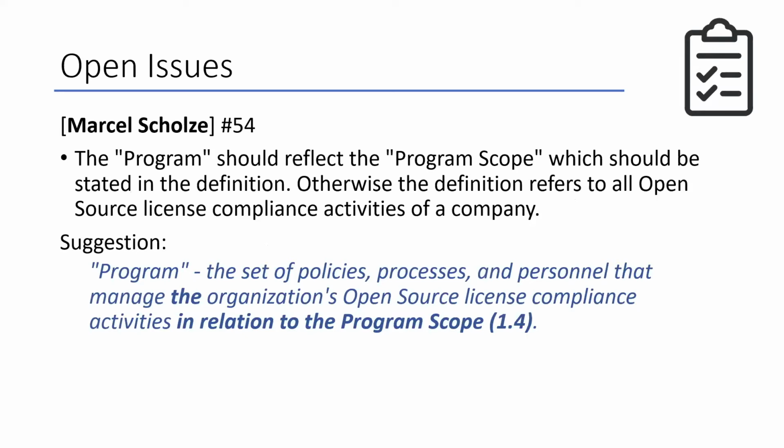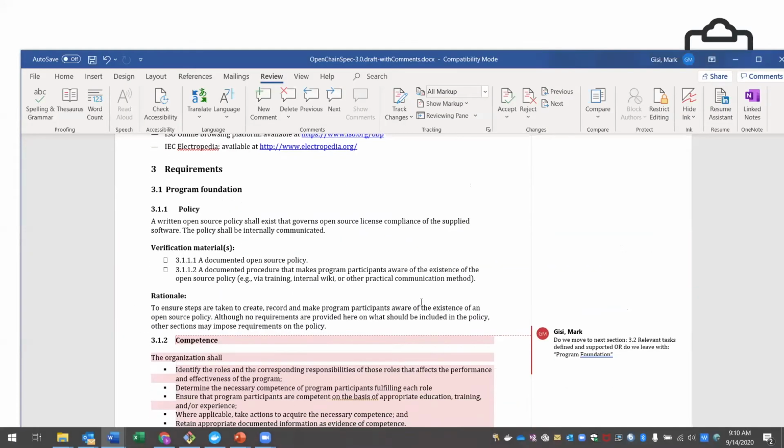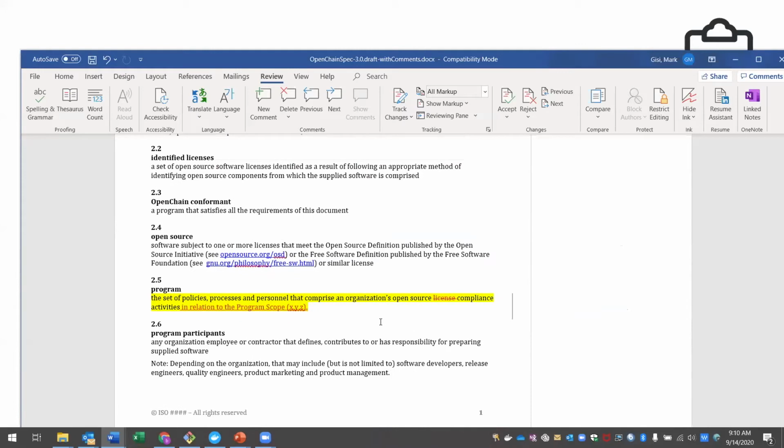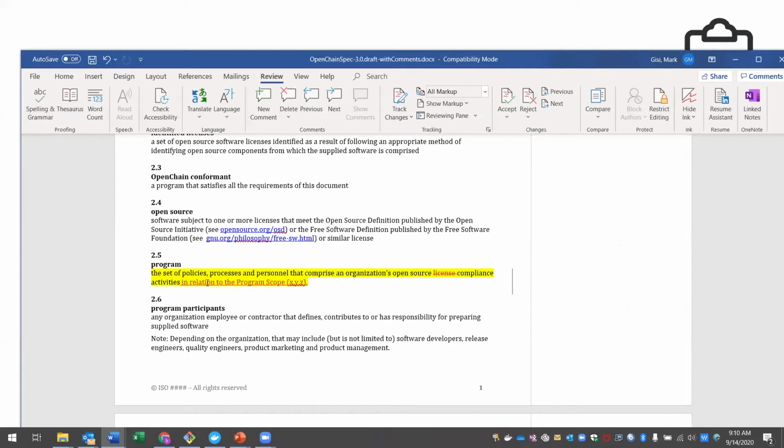So let me see if I can pull up the spec here. Is this it? Yeah. What that looks like in the context of the spec is that this additional wording would be put in right here.